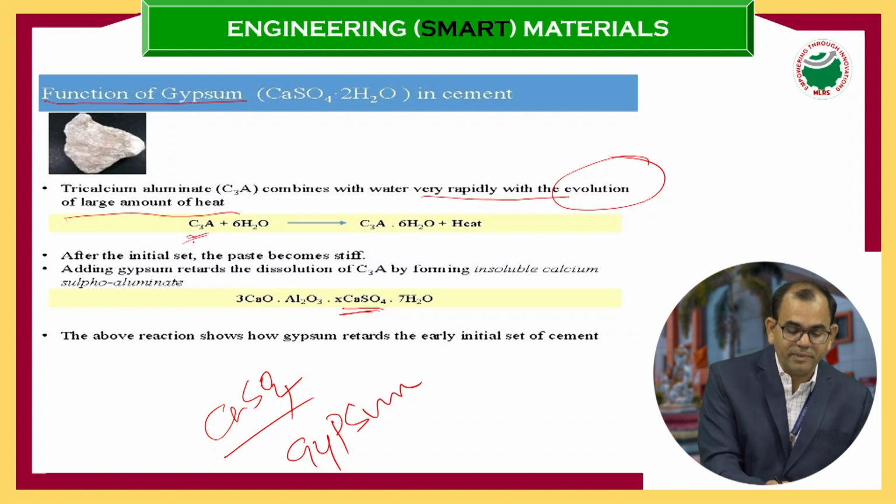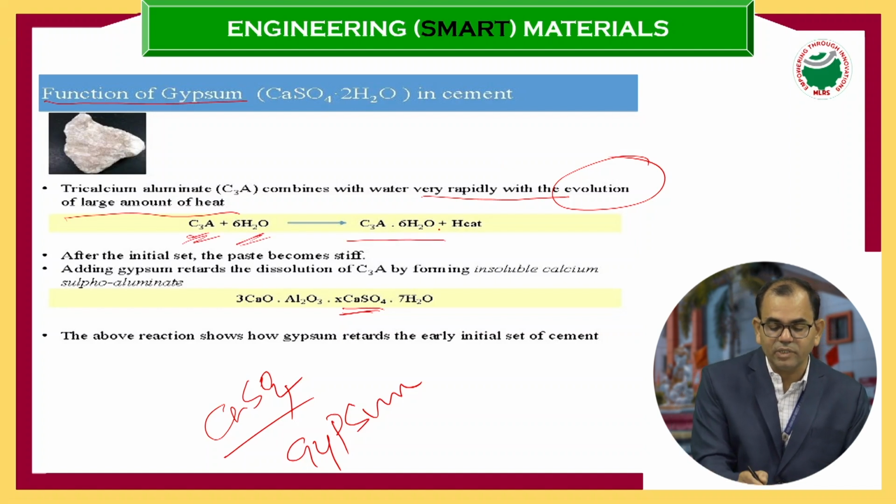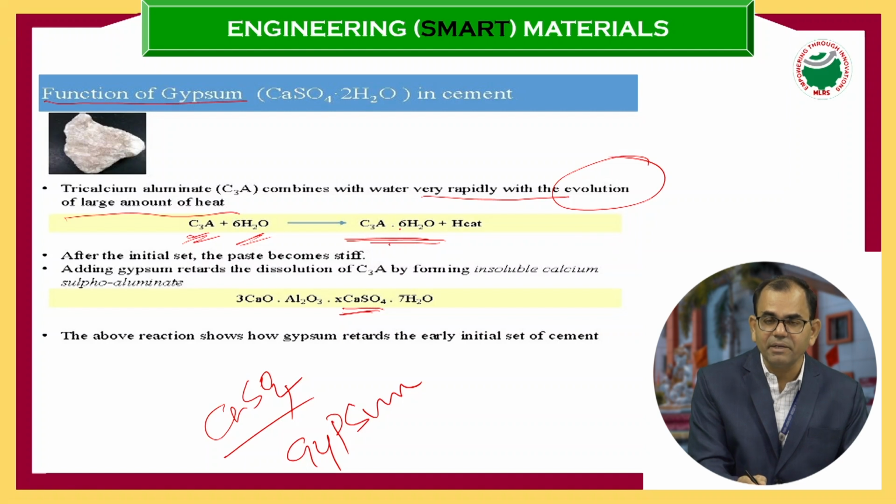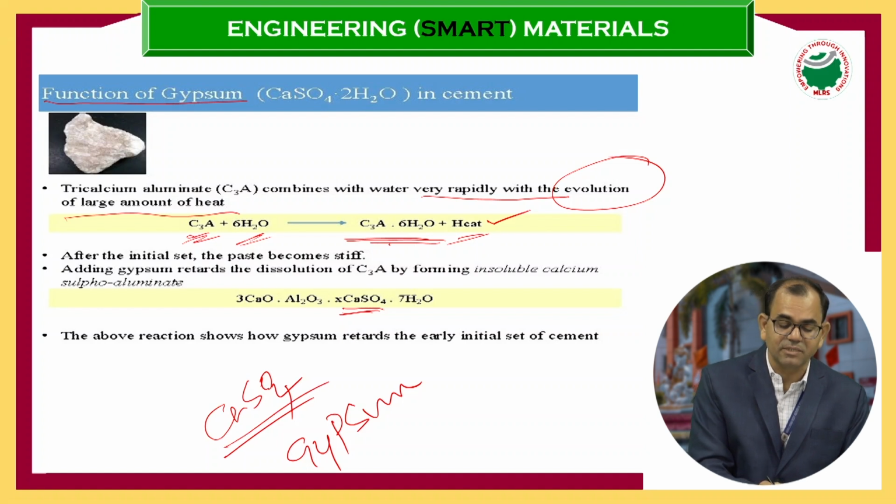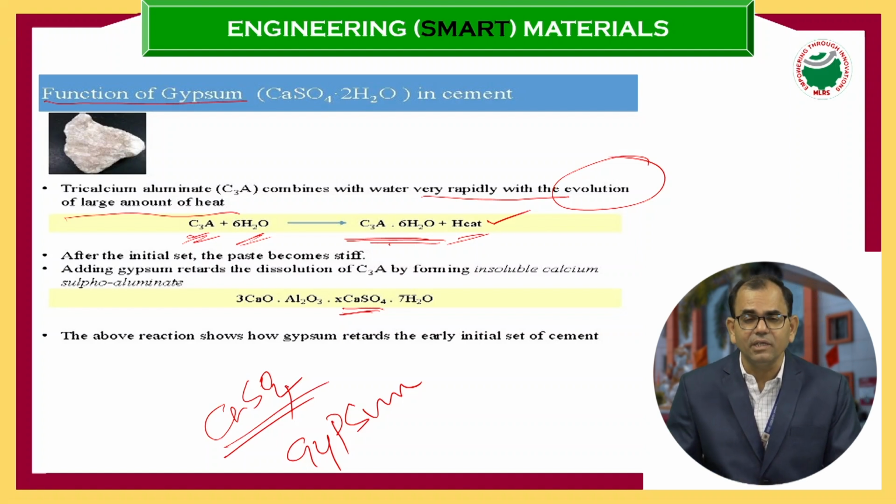So tricalcium aluminate with hexa aqua leads to the setting, that is tricalcium aluminate hexa aqua crystalline material, followed by the heat release. This has been added with gypsum, that is nothing but calcium sulfate, to avoid the quicker or faster setting time of cement.